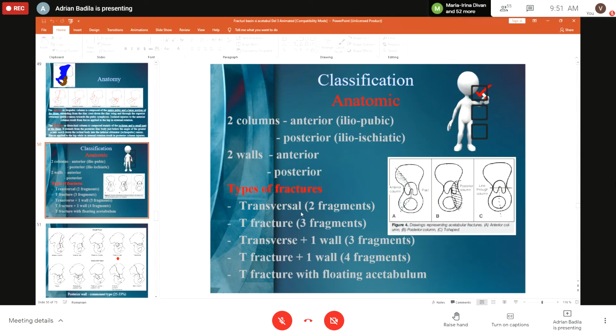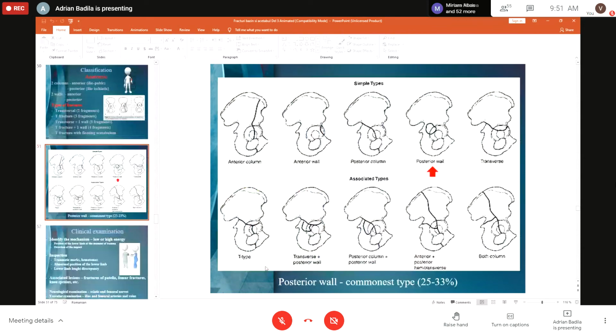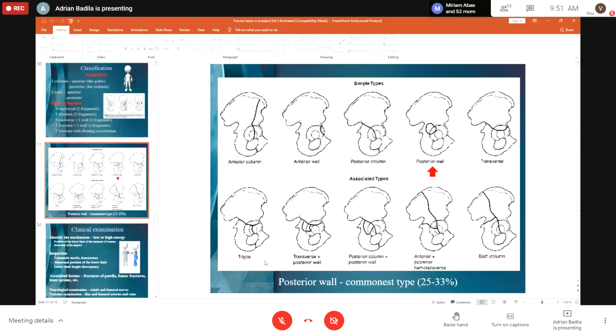A transversal fracture of the acetabulum with two fragments, a T fracture with a vertical line and a horizontal line, and that means three main fragments, a transversal fracture with one wall, a T fracture with one wall, and a T fracture with floating acetabulum, and a number of schemas with example.